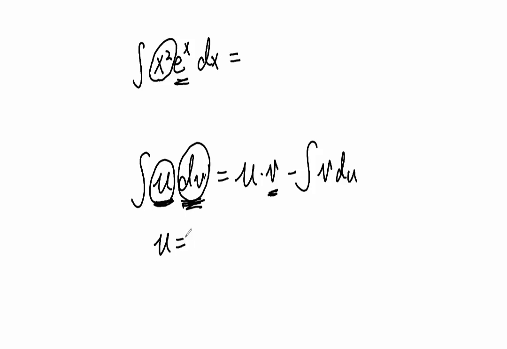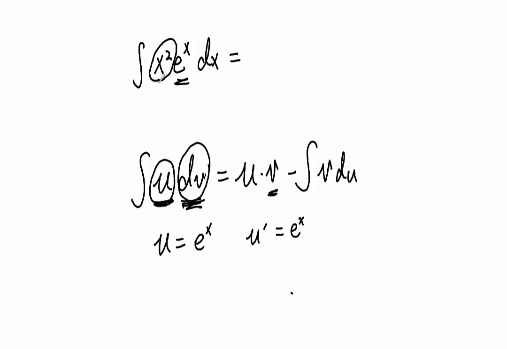Only when the exponent is getting decreased are we able to get rid of the function. Right? If I take u as my e to the x, it's not going to help because the derivative of that is going to be itself. You're still going to get it. So this is nothing we can do. It's going to be the same function again.